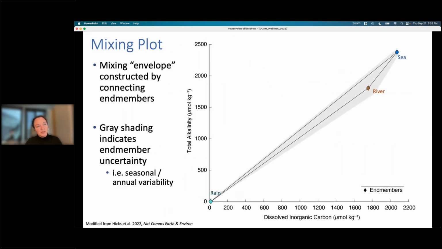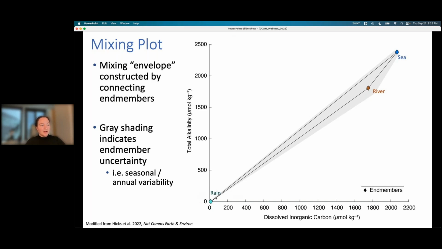Using these three end member values that we've calculated, we can then create a mixing envelope between our total alkalinity and dissolved inorganic carbon data. So here on the right, we have that plot of TA on the y-axis and DIC on the x-axis, with the three end member values that I presented in the previous slide plotted here.